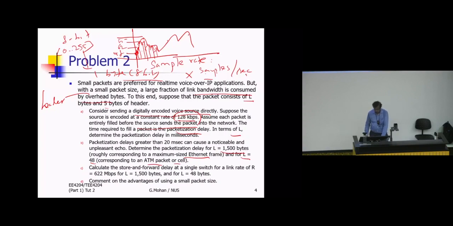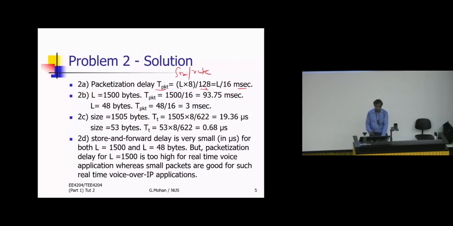Let's answer B first. When L is 1500 bytes, use this formula, 1500 divided by 16, which gives 93 milliseconds. When L is 48 bytes, the time to prepare the packet is 48 divided by 16, which is 3 milliseconds. We need only 3 milliseconds to prepare a small 48-byte packet compared to a 1500-byte packet.